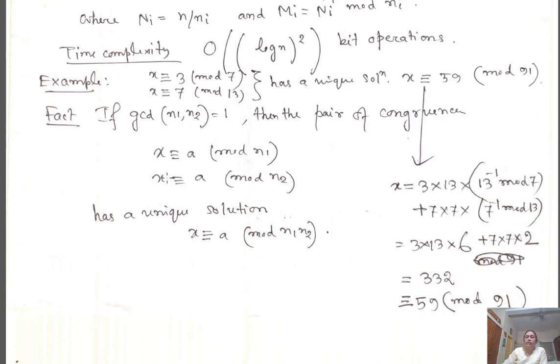We can simplify this thing. Essentially, if n1 and n2 are co-prime, the pair of congruences has a unique solution.